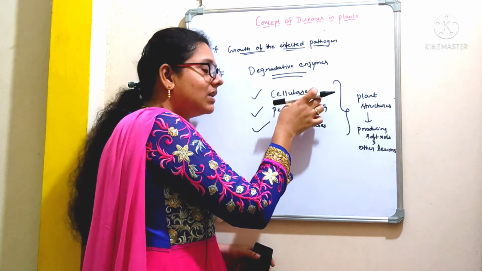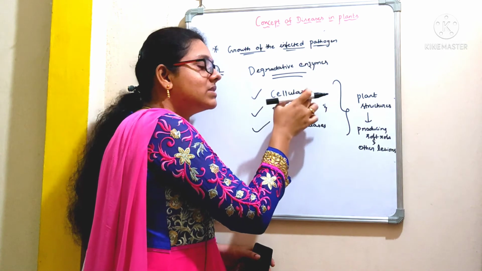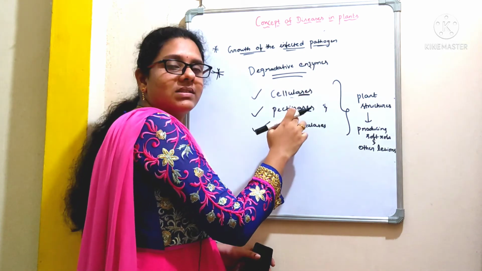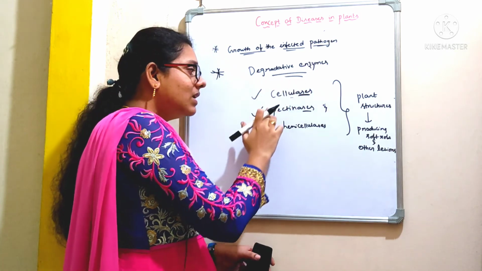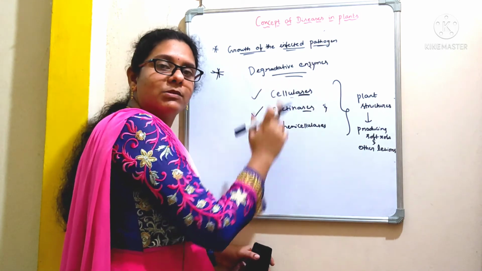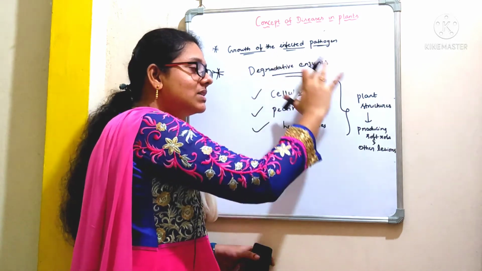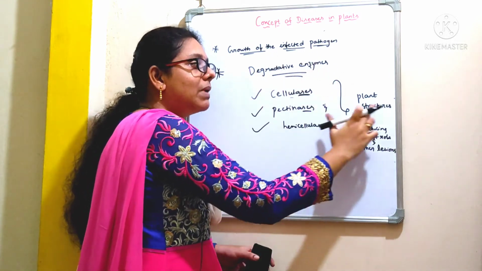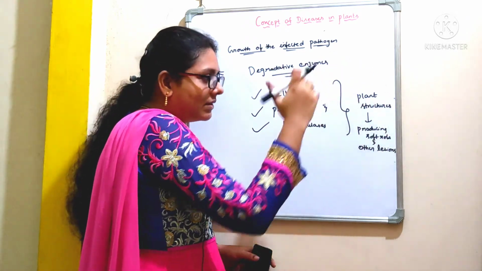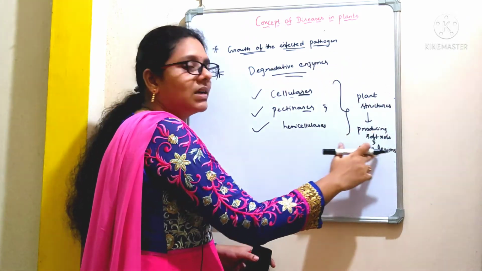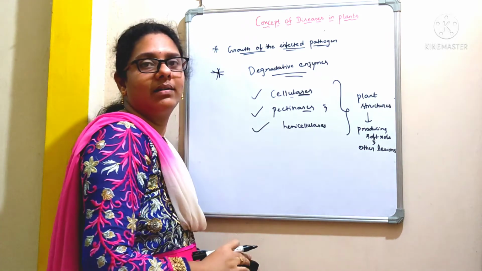Cellulases, that means these are the enzymes which are going to degrade cellulose. Pectinases, these are the enzymes which are going to degrade pectin. So, with the release of these degradative enzymes by the plant pathogens, these enzymes are going to alter the plant structures, thereby producing soft rots and other lesions on the plant.